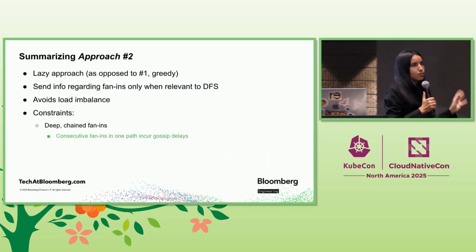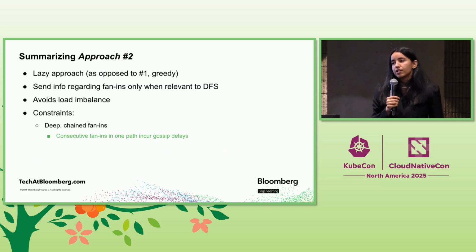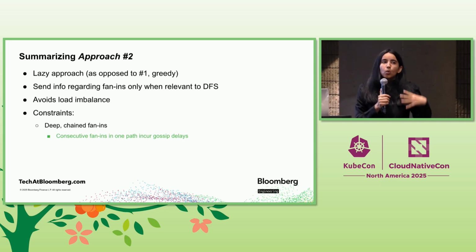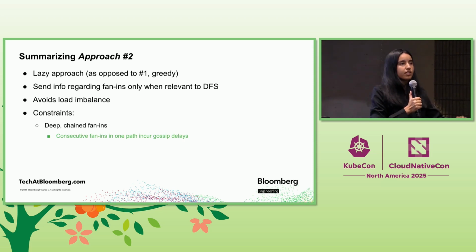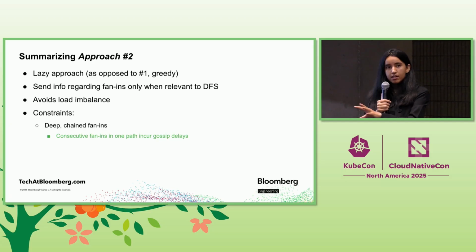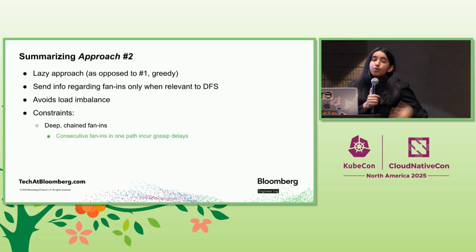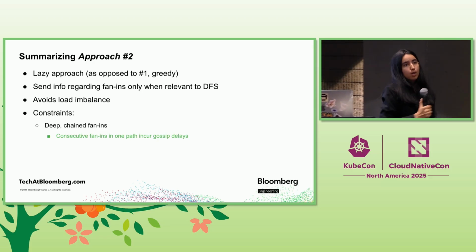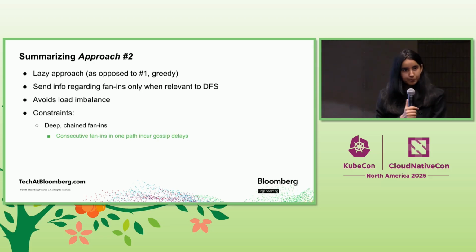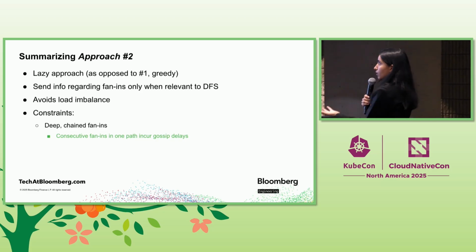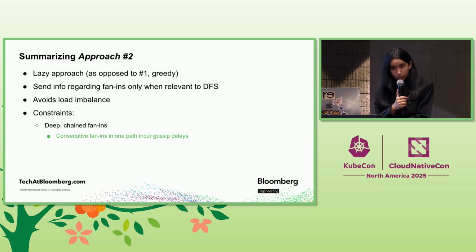Now, the second approach is more of a lazy approach compared to the first one, because we only send information regarding a specific fan-in when a DFS runs into that, when there is an actual match for a rule, as opposed to approach 1, which preemptively puts all these trace bundles together. And this approach helps avoid the load imbalance issue.